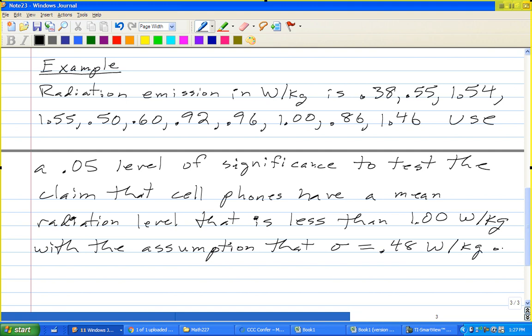Of course, I'm also assuming that we are sampling from an almost normal distribution.